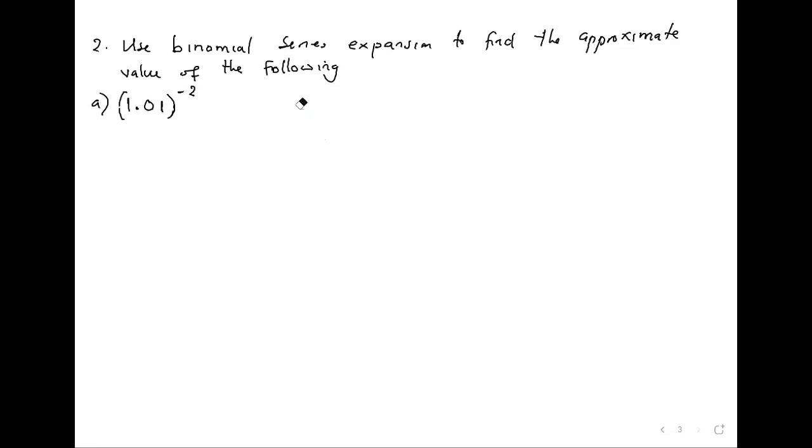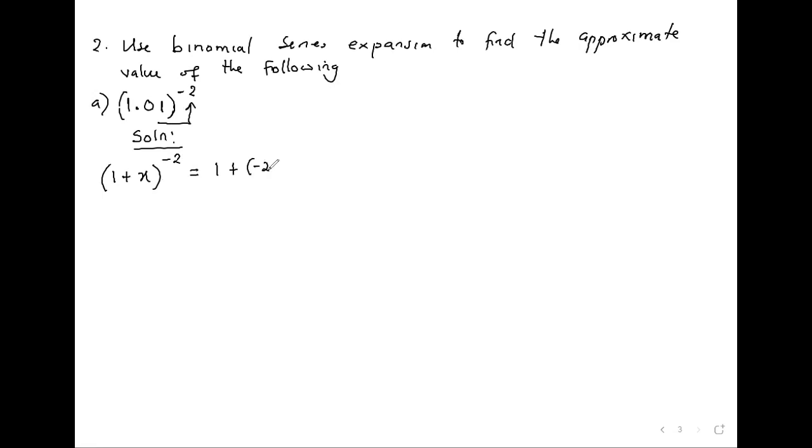There are so many series that you can use here, but you can go for the easiest one, where you say, okay, every time I see such a question, I will be expanding 1 plus x. Where do you get the power? You get the power from the given question. This question has the power -2. So you use -2 as our n.